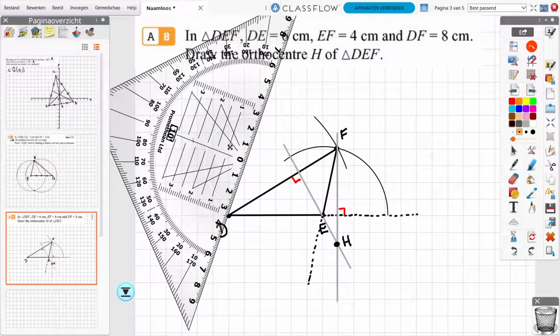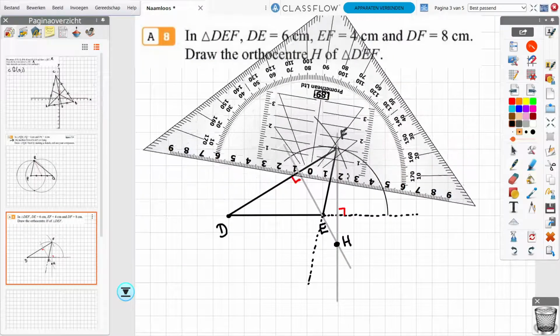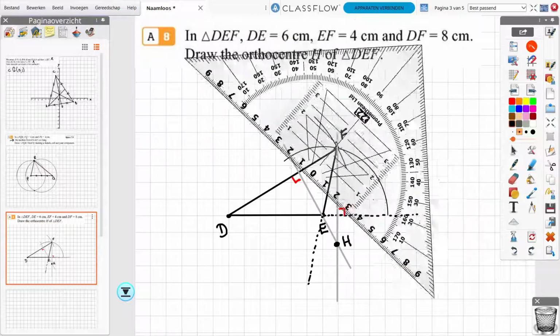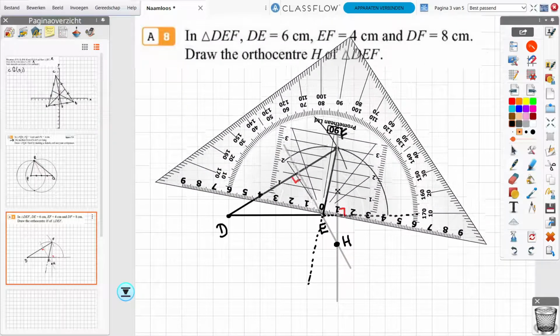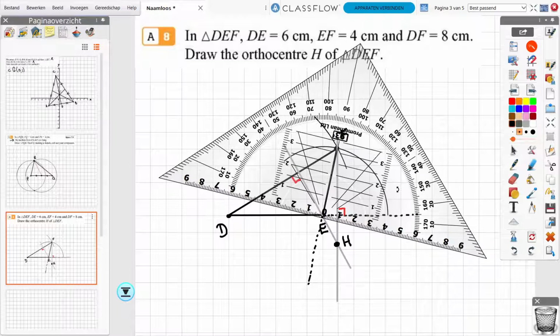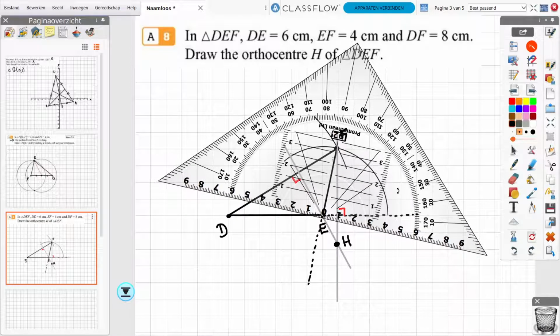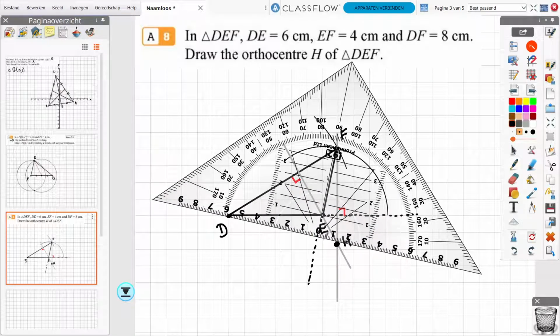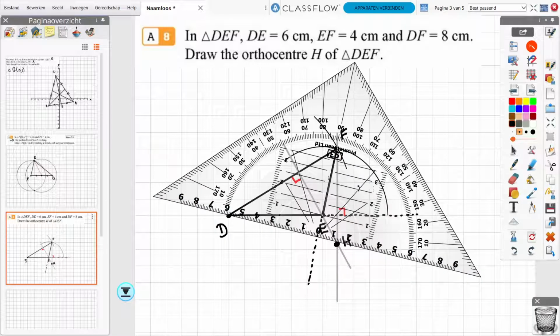And now I'm going to, once again, align it. Try to be as accurate as possible. Something like this. Move it in such a way that it now intersects with point D. And you see I'm a bit off here, so I should put it like this, and now it's not off anymore.